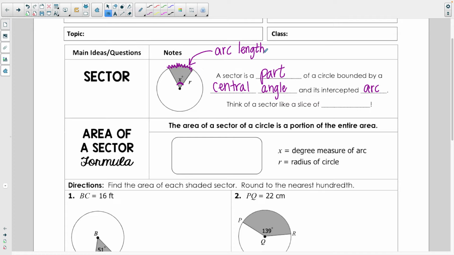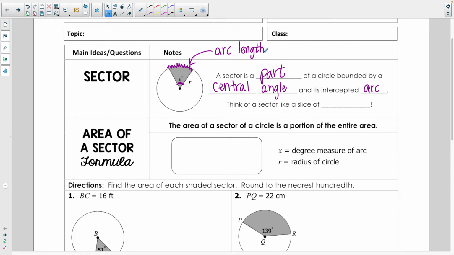To find the area of a sector, how many total degrees are in a circle? 360. So when I find the area of a circle, I'm finding 100% of it. But if I have this little shaded part, this may be 40 degrees, 50 degrees, 60 degrees. It's like a pie chart.